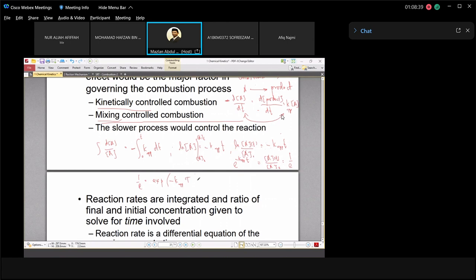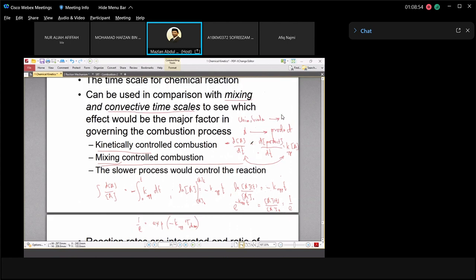This is what they call the time scale, chemical time scale. So you can solve for t, the time. So there is how the time comes into play in this concentration for unimolecular reaction.